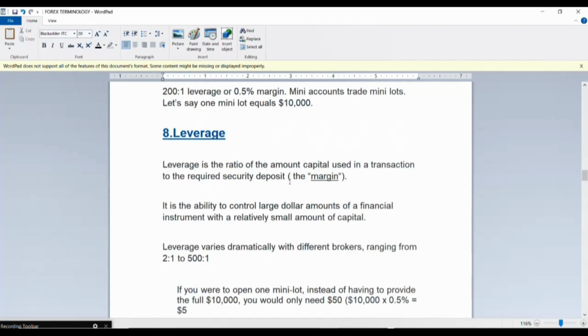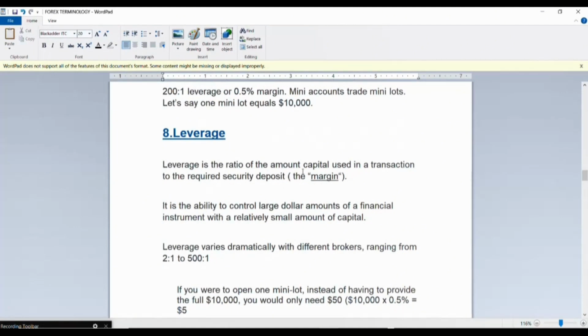For example, if you bring $100, and your broker is offering a leverage of 1:100, it means your broker is willing to multiply your $100 100 times. So instead of you controlling just $100, you are going to control a position of $10,000 because your broker has lent you money and has multiplied your capital.